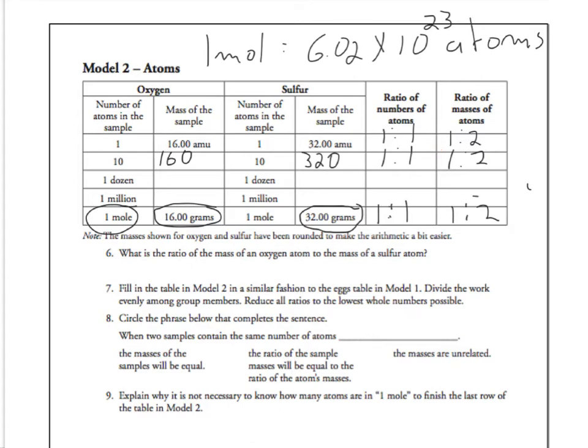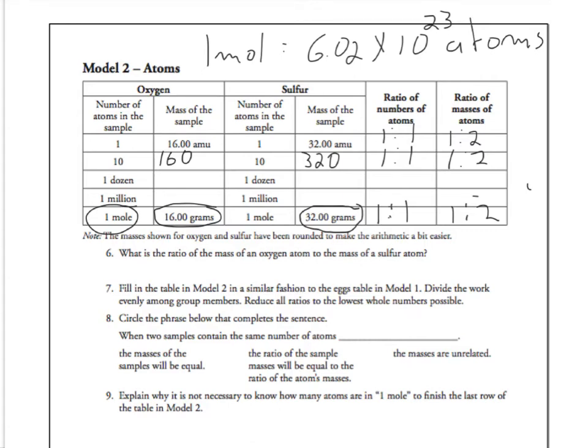And as long as you continue to take the same number, whether it's 1, 10, a dozen, a million, or a mole worth of atoms, then the ratios are going to stay the same.